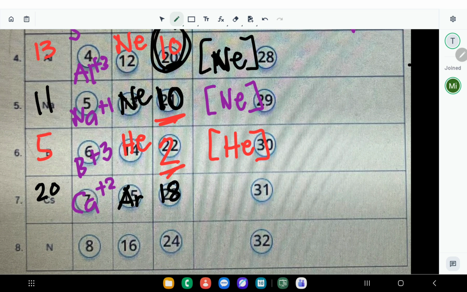And what is the noble gas right before calcium? Argon. Okay. What is the atomic number of argon again? 18. So the number of electrons is 18 and argon has 18 electrons. Then the shorthand electron configuration of the calcium ion is just equal to argon.